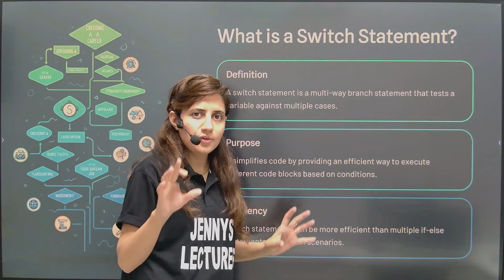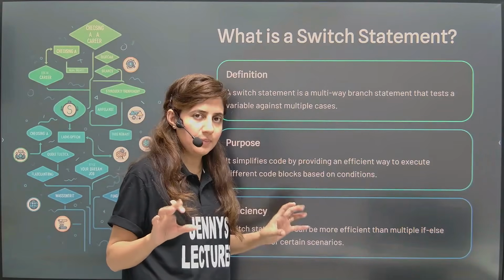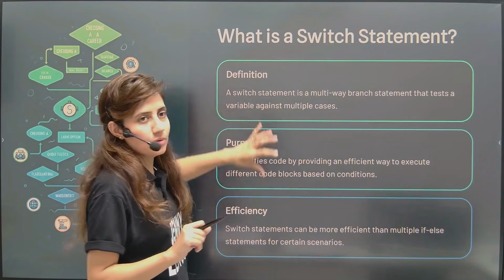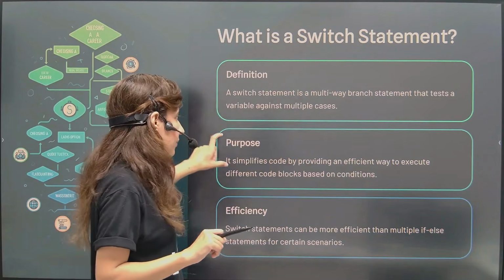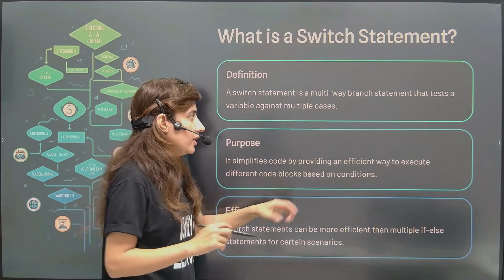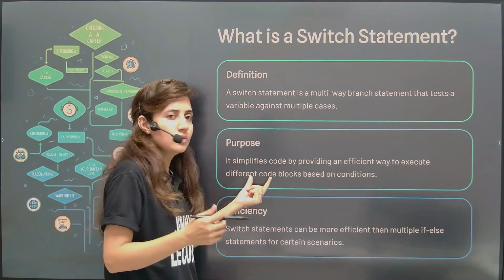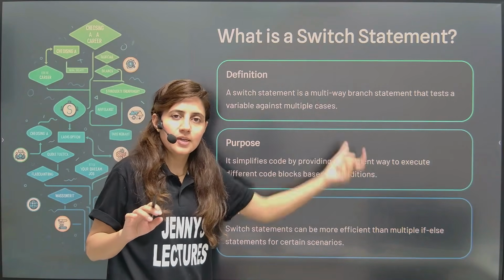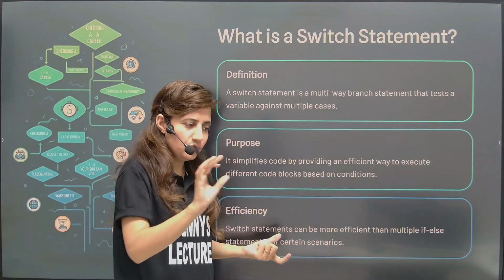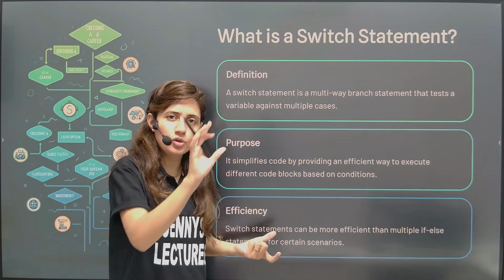So I hope now you got everything about the switch statement or switch case. If you go through this PPT, you will get everything that is there in it. The purpose is to simplify the code by providing an effective way to execute different code blocks based on a condition. There are many code blocks, but based on the condition we have to select only one.